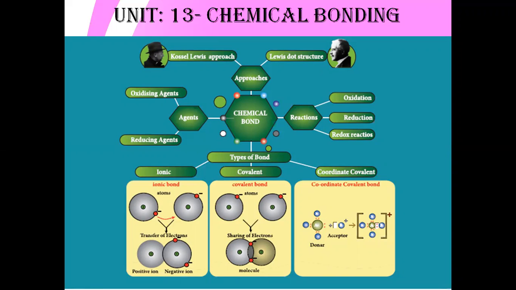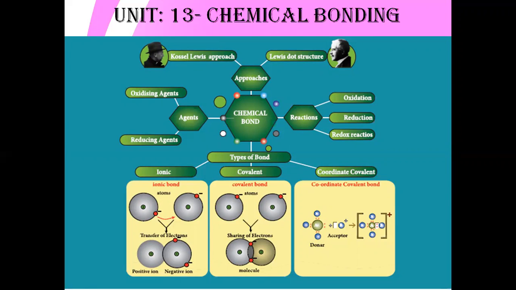Covalent bond: two nearby atoms share electrons and the valence shell is completely filled. Coordinate covalent bond: one atom gives the electrons and another atom gains them, that is a donor and an acceptor. These are the ionic, covalent and coordinate covalent bonds.